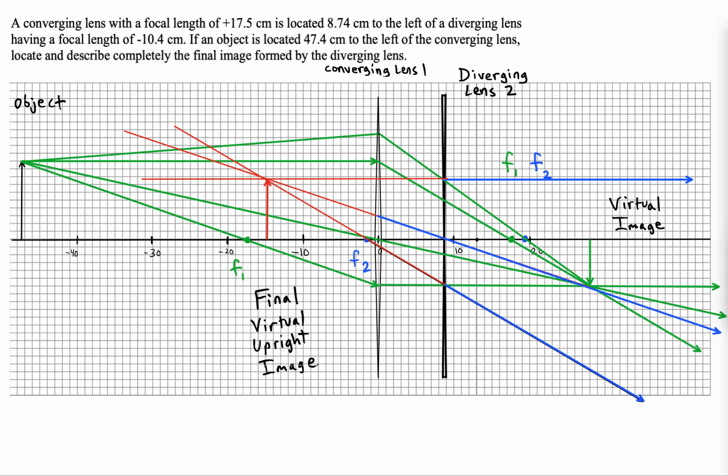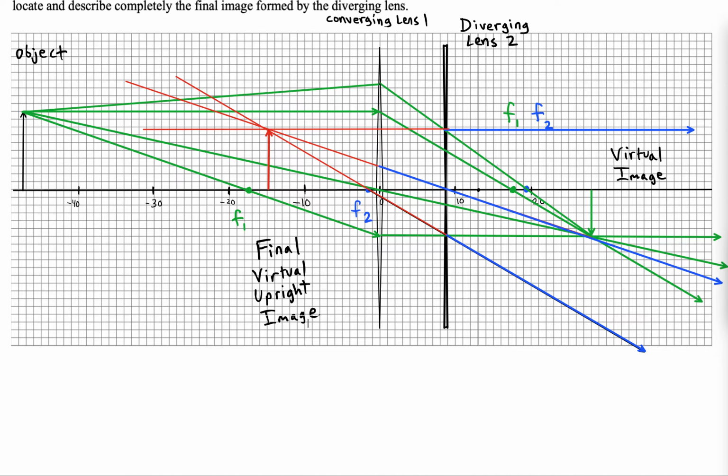All right, the last thing to do is just see if the mathematics agree with this picture. Okay, let's try the formulas. We'll do the thin lens formula for lens 1: 1 over DO1 plus 1 over DI1 equals 1 over F1.